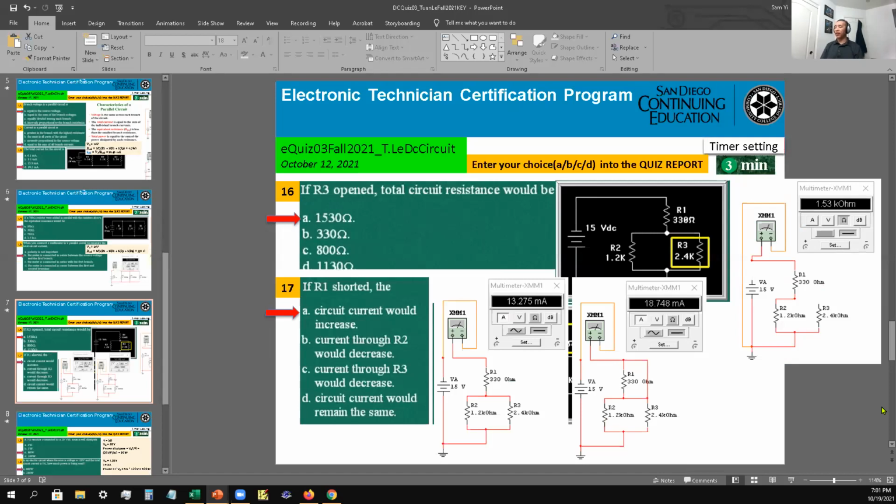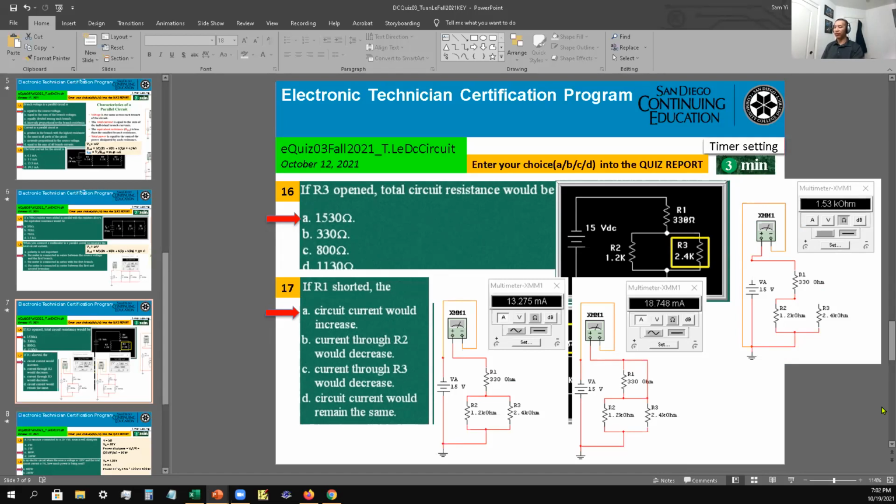Number 16, the answer is A as in Adam. Number 17 is A as in Adam. Any question on 16 or 17? No question.